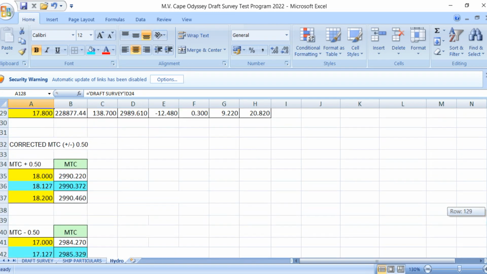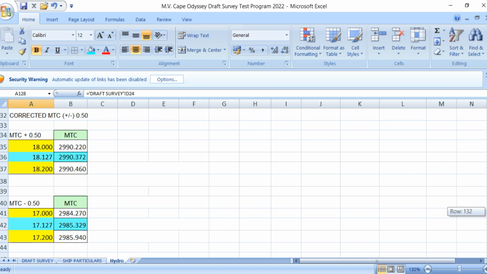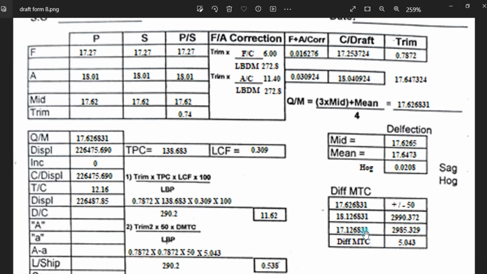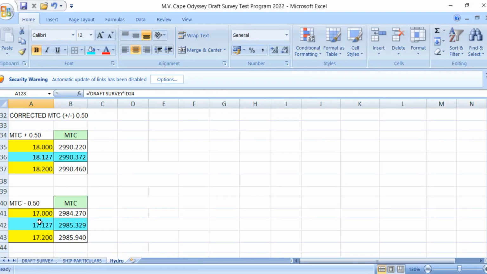And if you add 50 from your quarter mean, you will have 18.7127, and you have a value of MTC of 290.3227, which is this one, 290.3372, and minus 50, you get 17.127.